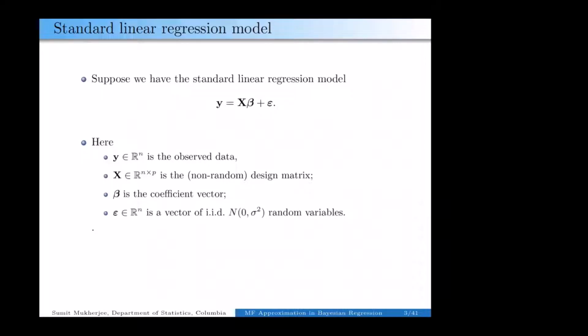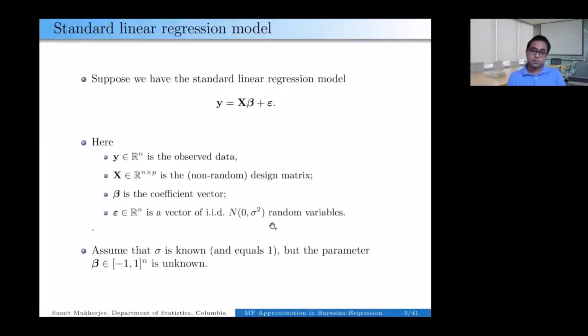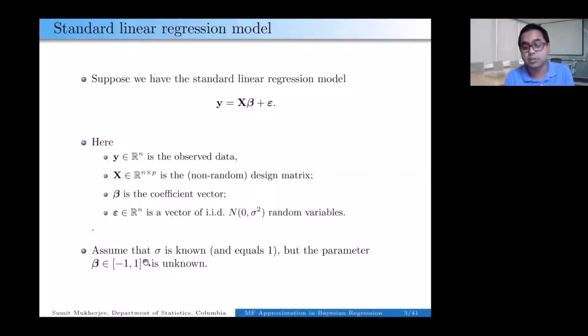And epsilon is a vector of IID Gaussians with variance sigma squared. What we are going to assume in this talk is that sigma is known, and since sigma is known, there's no harm in assuming sigma equal to 1. Nothing will change if you take a different value of sigma. But we'll also assume that beta is unknown, and each coordinate of beta lies in a compact interval.